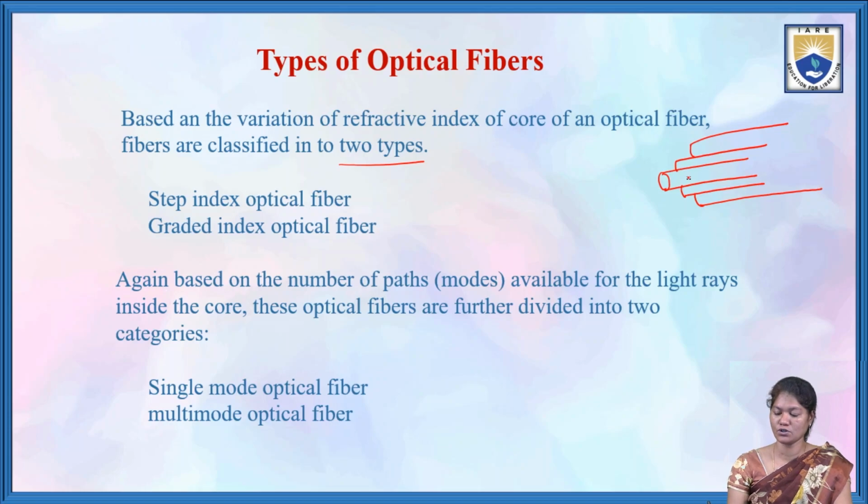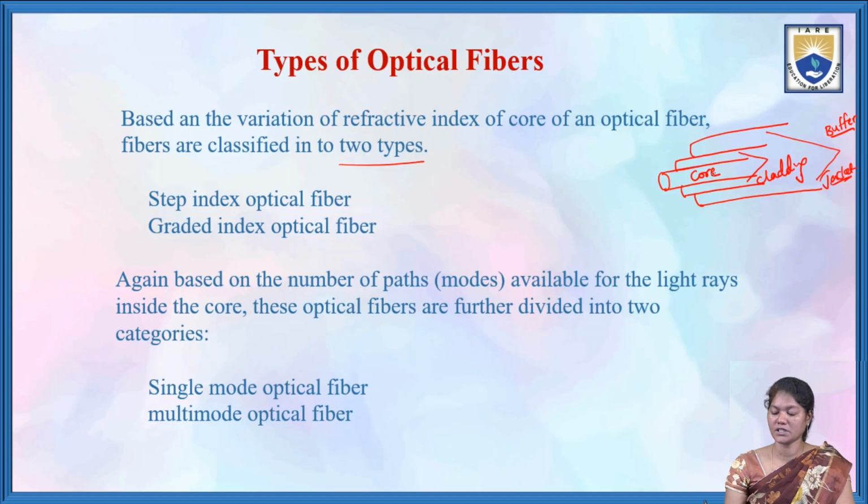The inner layer is the core, surrounded by the cladding, and the cladding is surrounded by the buffer jacket, which protects the core and cladding.